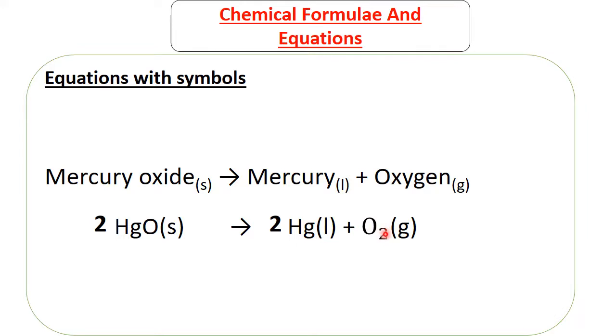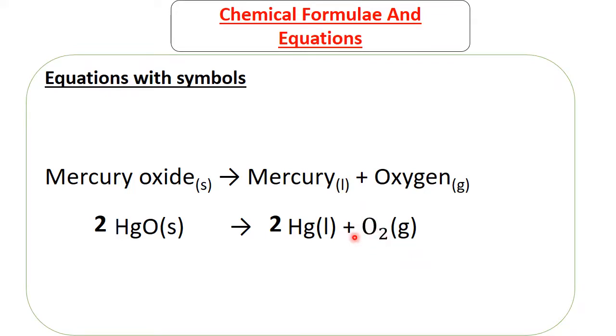So these numbers here, which are in front and on the bottom, are specific for this element here. But these numbers which are in front, on the left, correspond to all the elements. So these 2 show that there are 2 mercury atoms and also 2 oxygen atoms. But this 2 which is on the bottom is just for 1 oxygen. If there was another element here, these 2 would be just for oxygen, not for the element here.